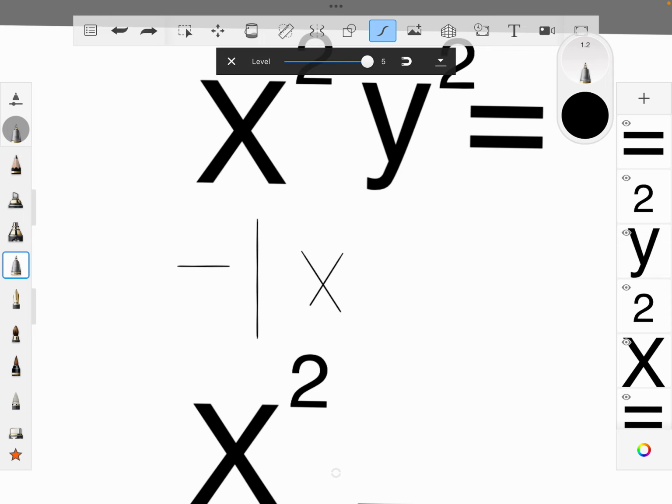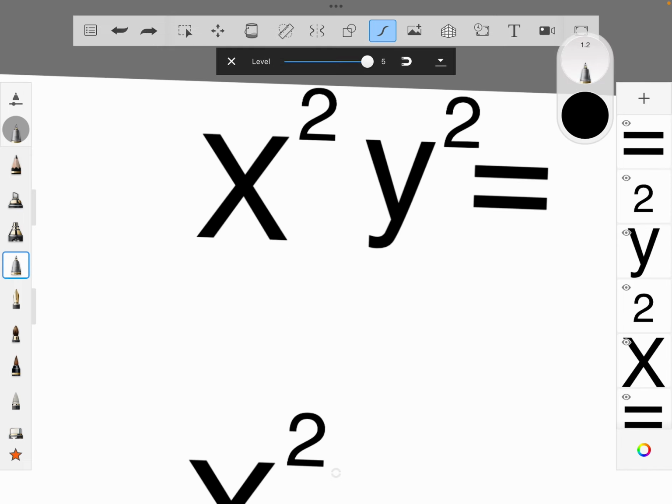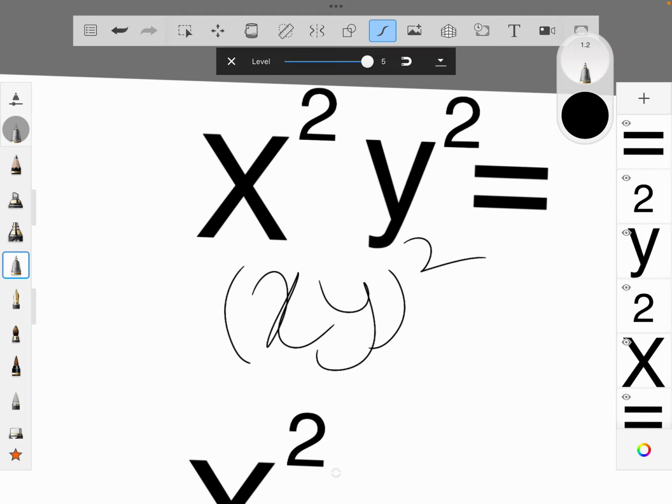So there's a difference between -5 to the power of 2 and this, (-5) to the power of 2. They might seem the same thing, but they're really not. Okay? Enough of that. So the answer for this is x times y to the power of 2.